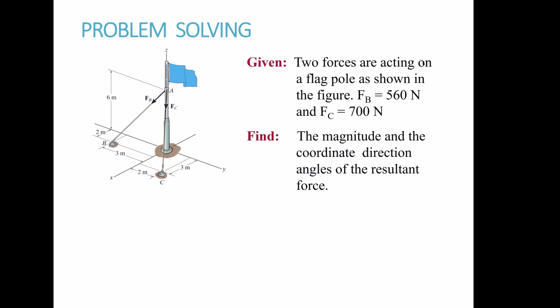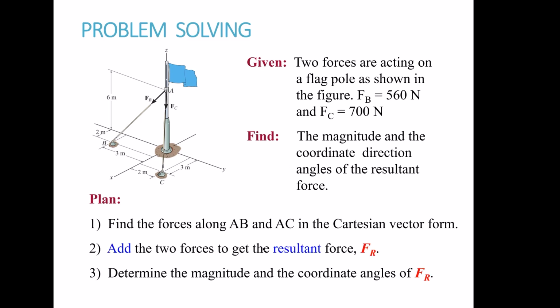Here's another problem. Two forces are acting on a flagpole, and we have their magnitudes and their positions. Same as we did previously, except now we want to find the resultant force and its direction, the coordinate direction and direction angles.